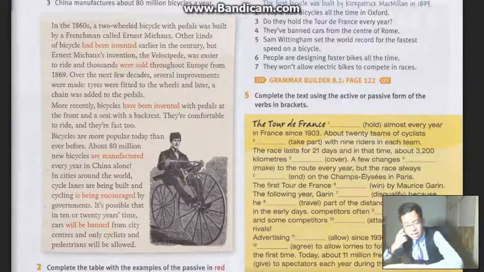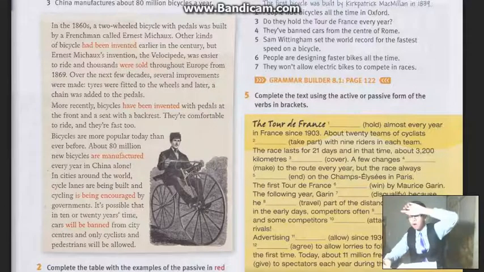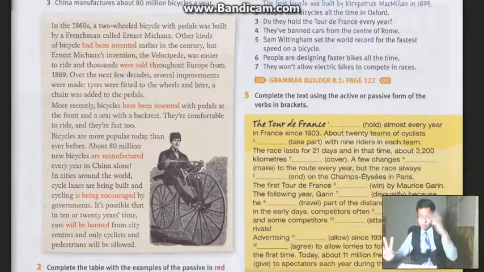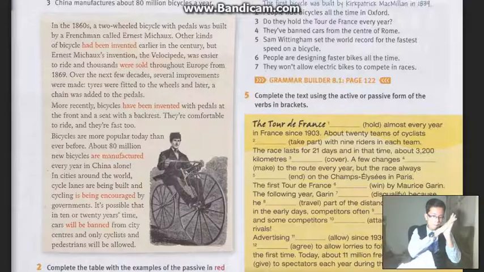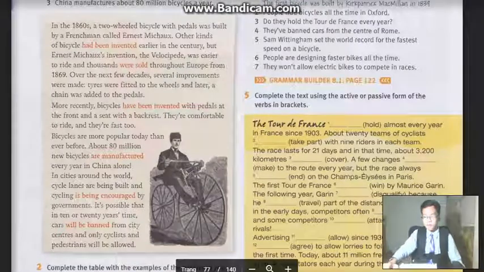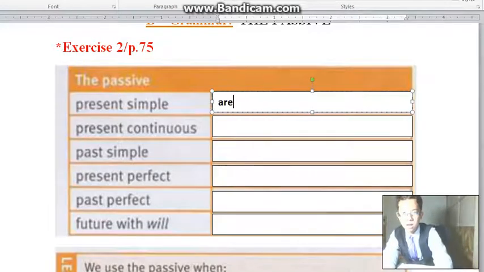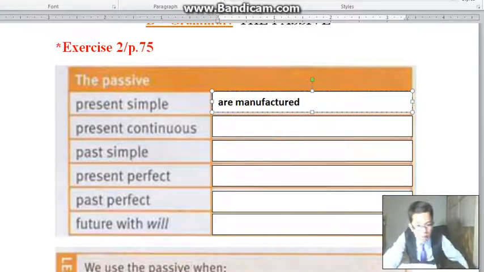So "are" here is the verb be in the present simple. So present simple for passive is are plus verb 3 or verb-ed. So, are manufactured.